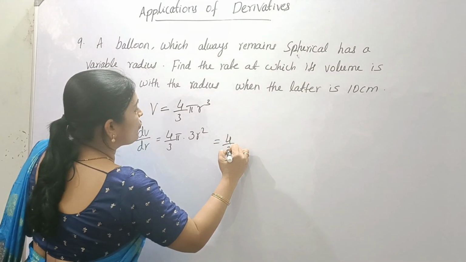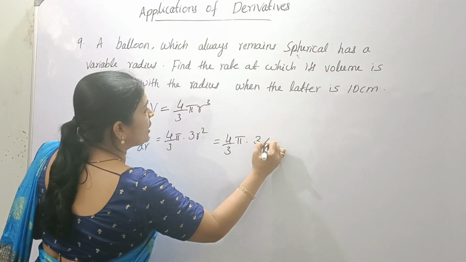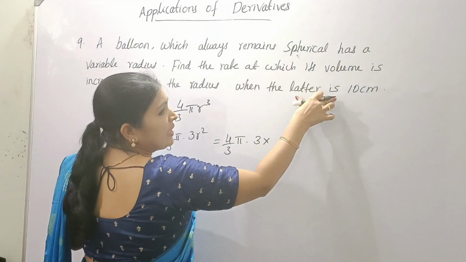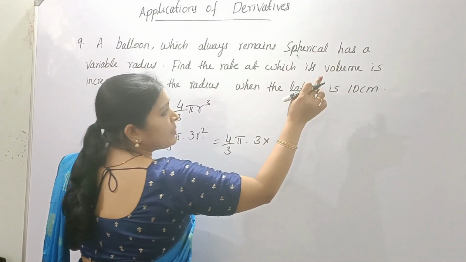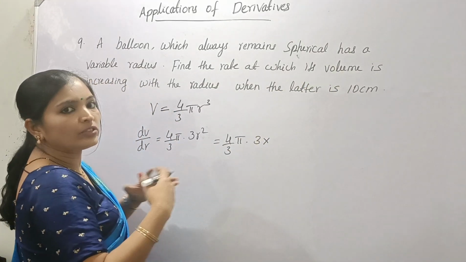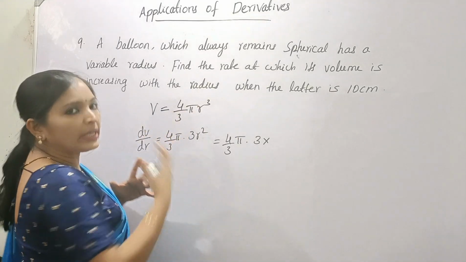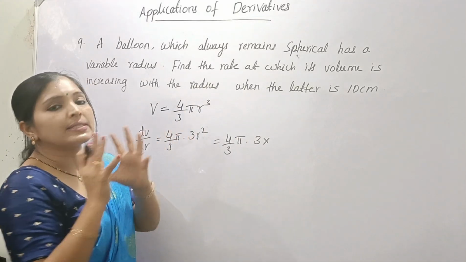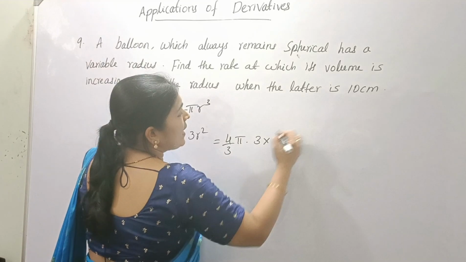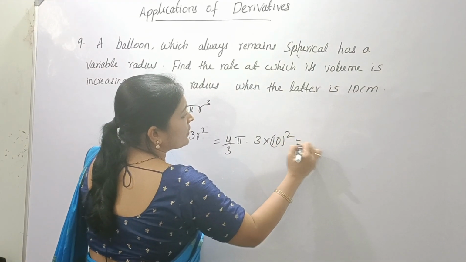That is equal to 4 by 3 pi into 3 into r square. When the final radius is 10 centimeter, we have to find the rate of change of volume with respect to the radius, that is 10 square, 100.